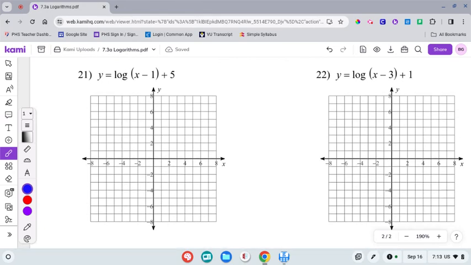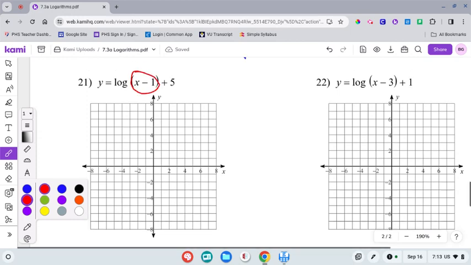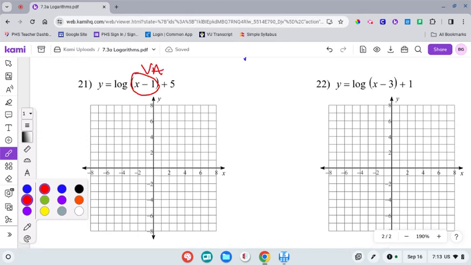So again, first thing I would start with is find that vertical asymptote. You're going to have a vertical asymptote at x equals 1. Remember, it's the number that makes that equal 0. 1 minus 1 is 0, so we're going to have a vertical asymptote at x equals 1 right here. I already know what this looks like.